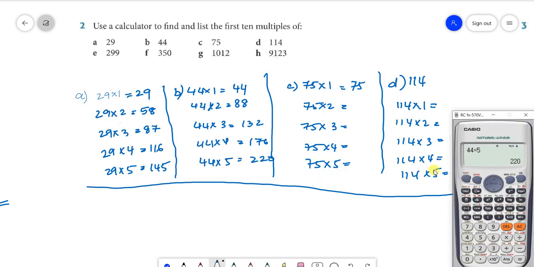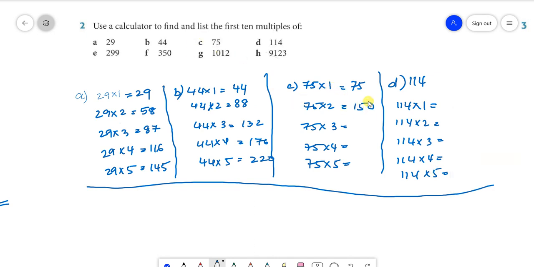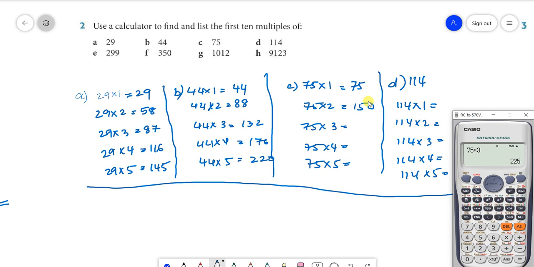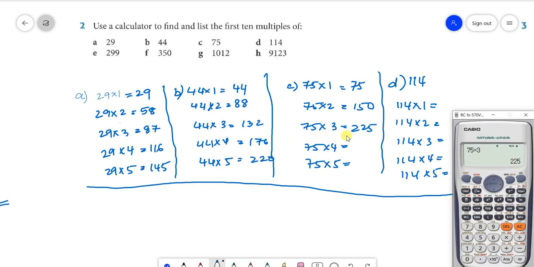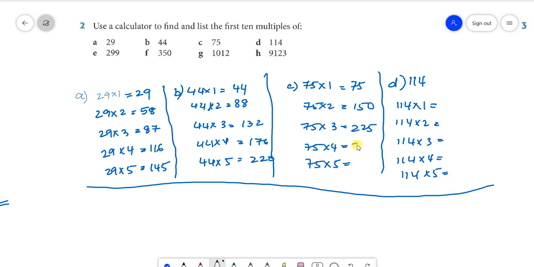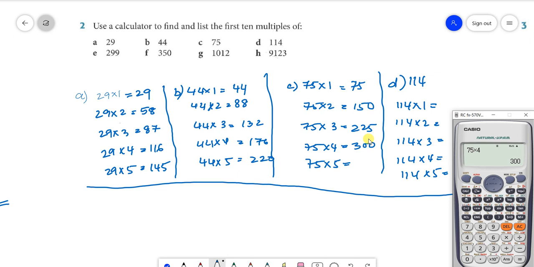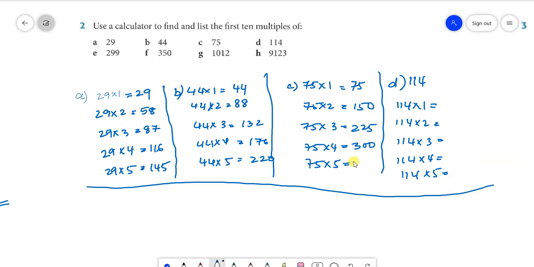Okay, so let's check. 75 times 2 is 150. 75 times 3 is 225. 75 times 4 is 300. 75 times 5 is 375.